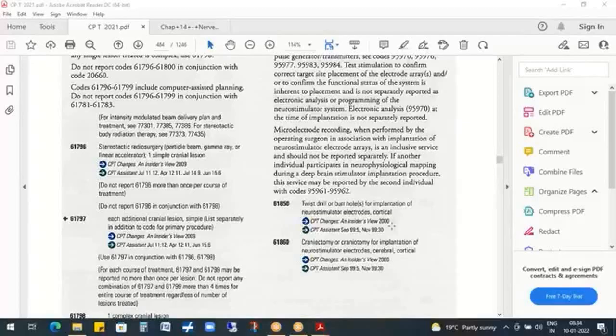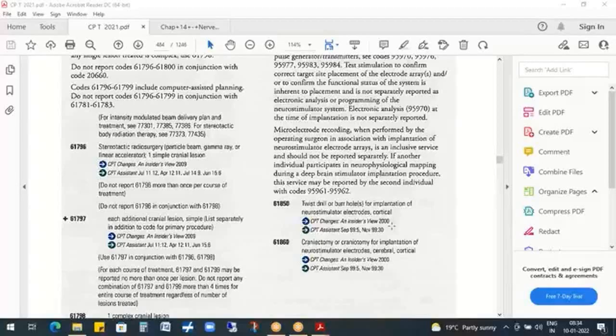First lesion, what is the code? For the first lesion, 61796. Yes, sir. From each additional cranial lesion, what is the code we need to use? 61797. And how many remaining are there? 5 lesions are remaining.